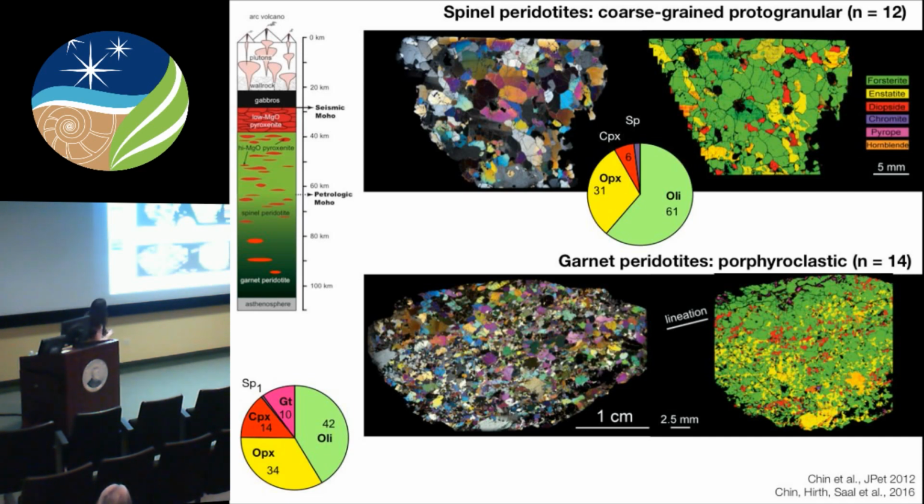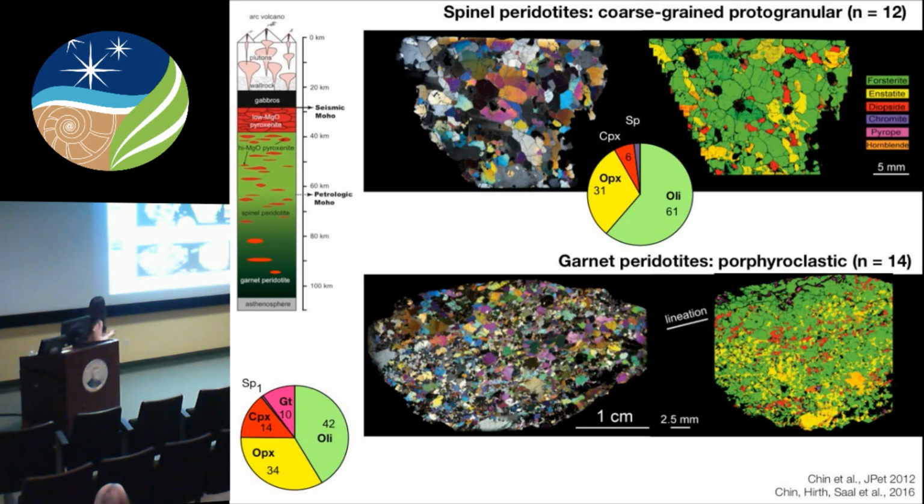And then when we go down with depth, we get into the garnet stability field, and these peridotites are very different texturally. They have what we would call porphyroclastic textures, meaning we have a fine-grained matrix with large deformed grains, porphyroclasts of orthopyroxene. So here's a nice example of a pyroxene grain that has been bent.